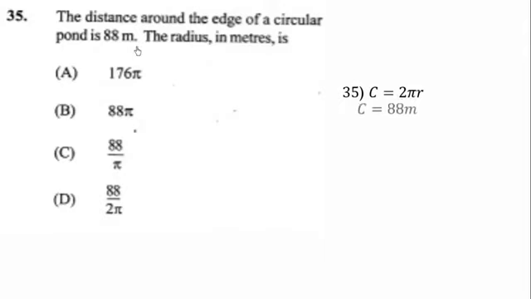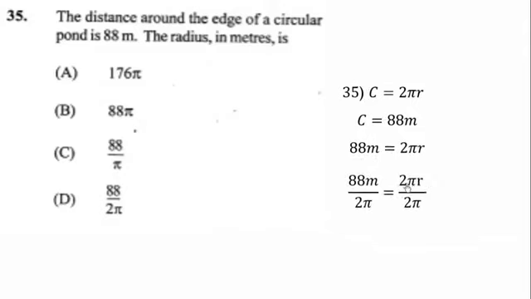So we substitute to get 88 meters is equal to 2 pi r. Now we need to divide both sides by 2 pi. Therefore, the radius is equal to 88 meters over 2 pi. Therefore, the correct answer is D.